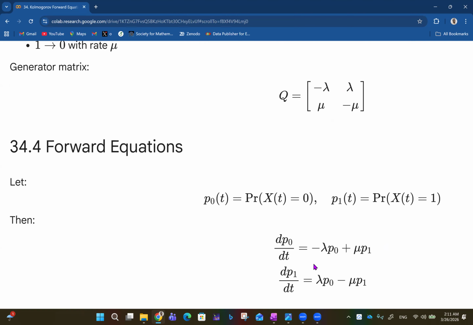Then for P1 of t, moving into state 1, you move into state 1 from state 0 to 1, that's lambda P naught, and to move out of state 1, that's from state 1 to 0.